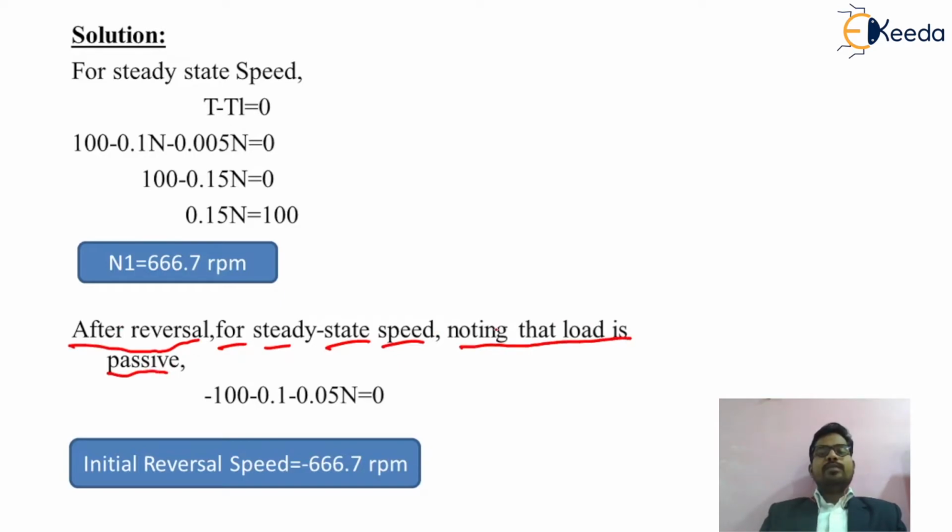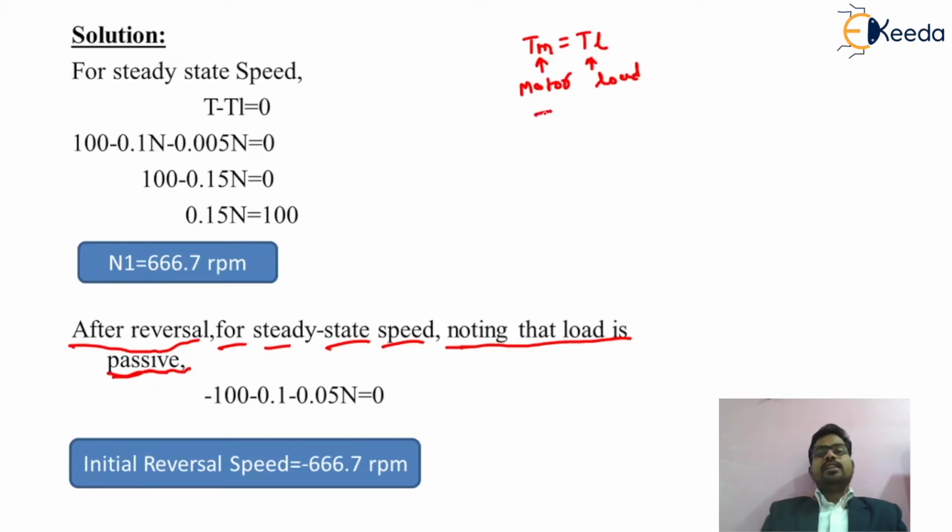In the given problem we have the value of the passive load torque. So again we equate the steady state Tm equal to TL, where Tm is the motor torque and TL is the load torque.